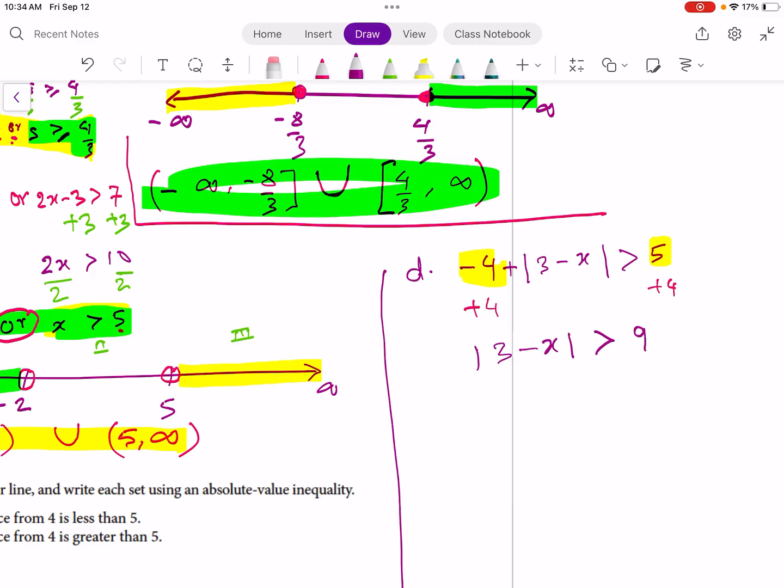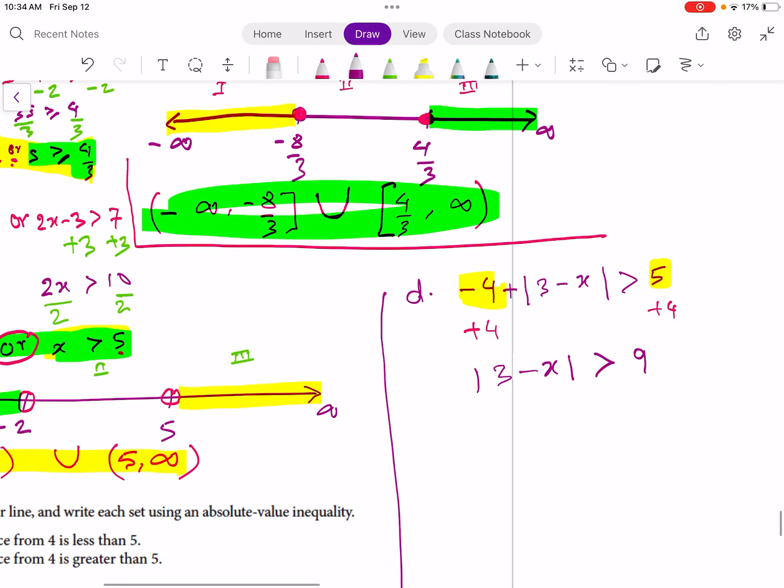Before you use the definition, you must have your absolute value expression on one side and the constant on the other side. Now we can use the definition. Which definition do we use, the first definition or the second definition? Second. Now how do we know? It depends on what inequality we have.